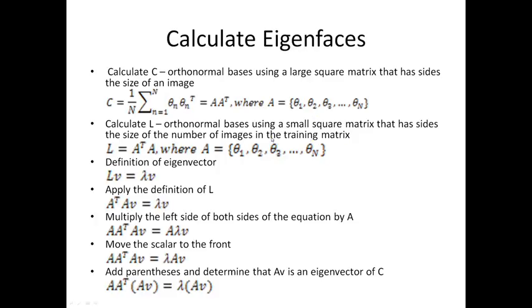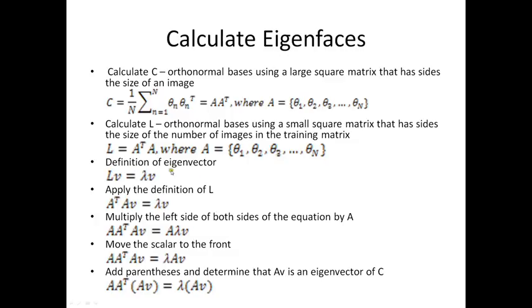So then that would give you a total of 50 images. So this matrix here would have 50 lines in it, which is much better than this, which could have tens of thousands of lines, depending on how big your image resolution is, and that's a pretty small image resolution. So anyway, L is computationally better.